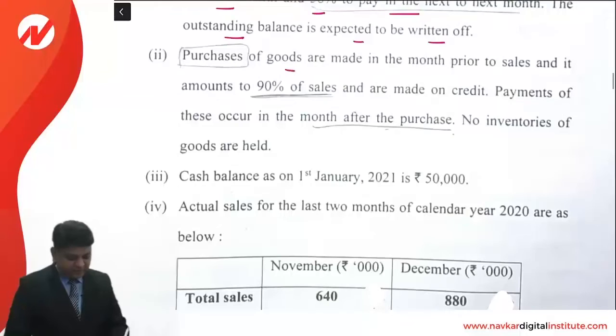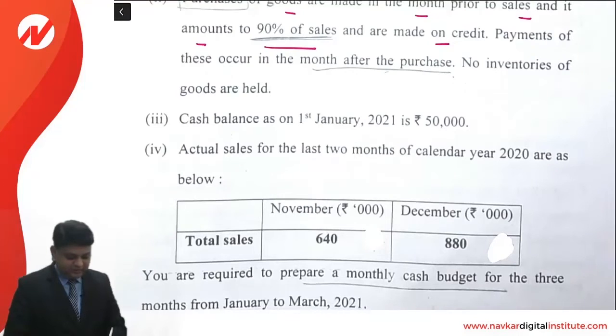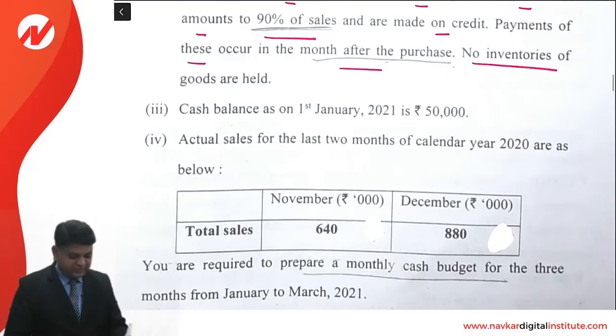The purchases of the goods are made in the month prior to the sales and it amounts to 90% of the sales and are made on credit. Payments for this occur in the month after the purchase. Very good clarification is made. No inventories of the goods are held.